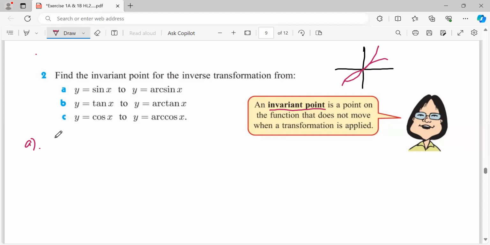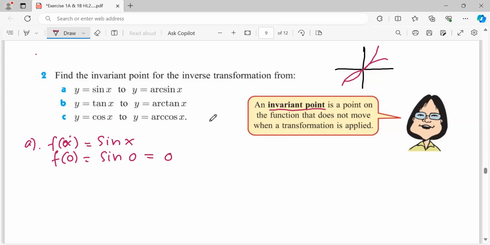If f of x equals sine x, and f of 0, it means sine 0 equals 0.